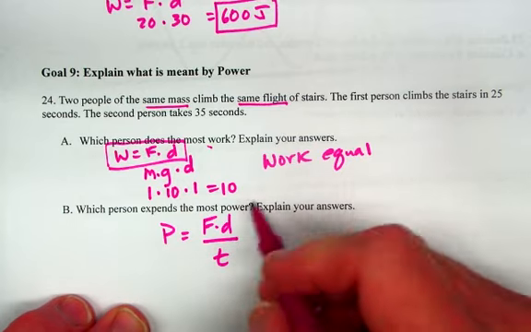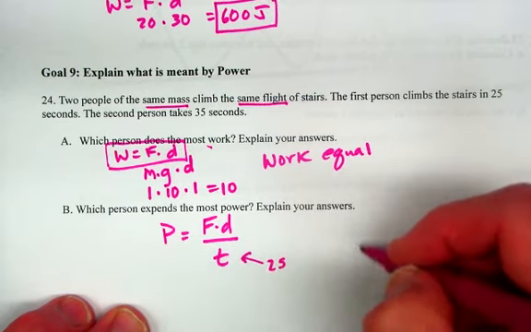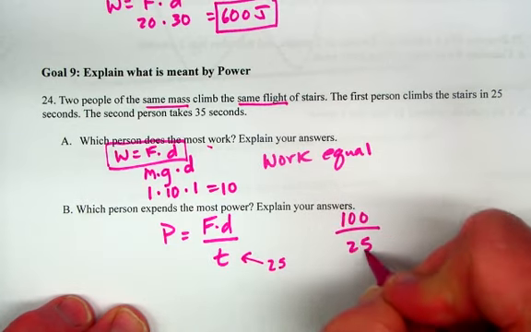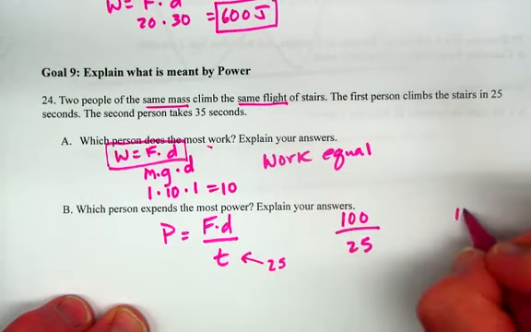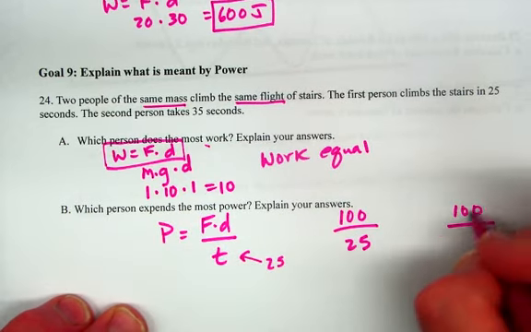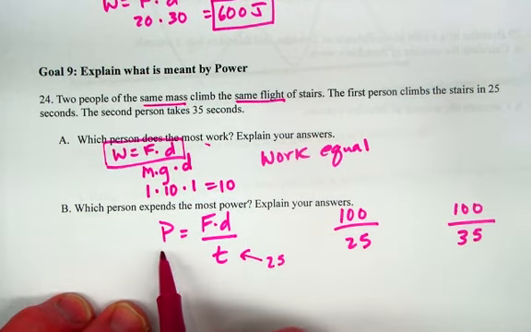If one person takes 25 seconds, let's just put a number in, let's say it's 100 divided by 25 for the first person, but the next guy, 100 is let's say the force times distance, but it takes them 35 seconds. Which one is going to give a bigger power?